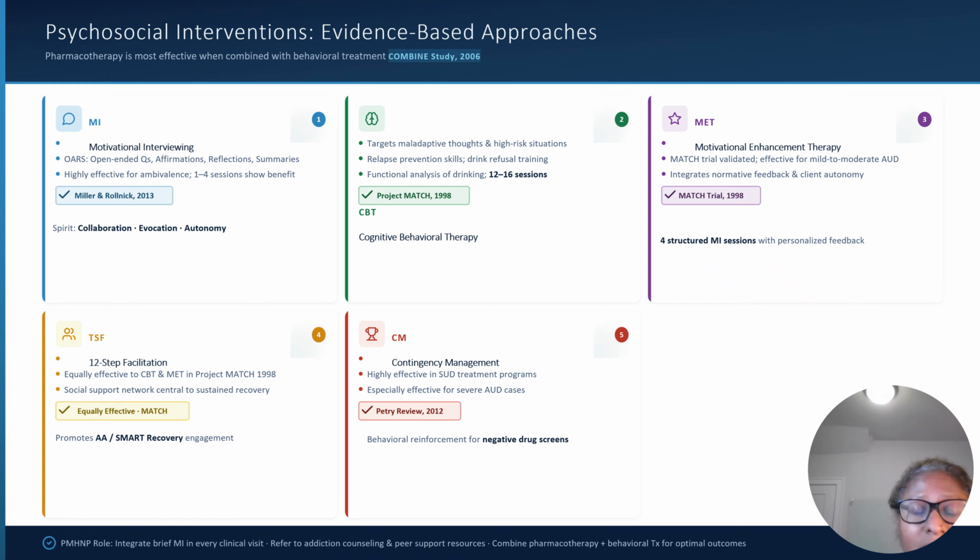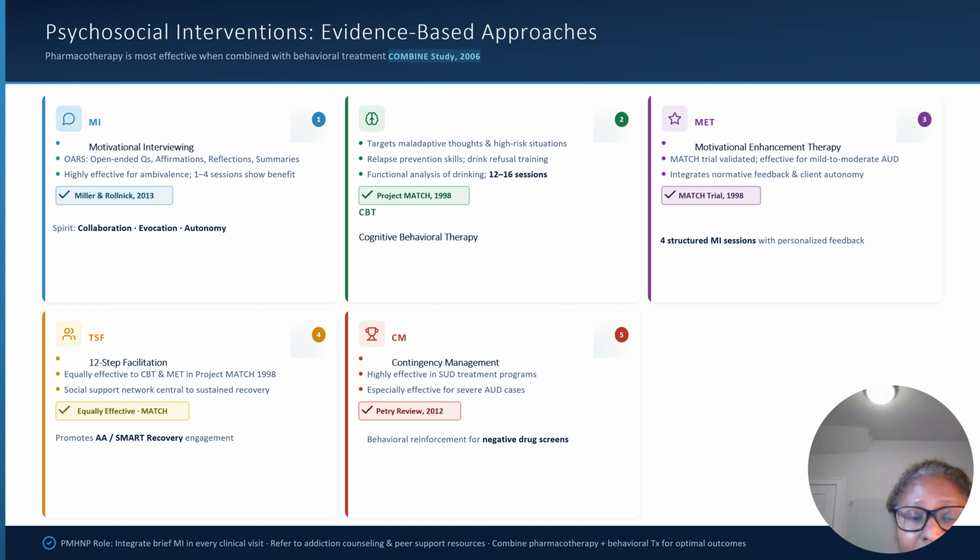A referral is put in for a therapist for cognitive behavioral therapy. And then the motivational enhancement therapy, it's MATCH trial validated. It integrates normative feedback and client autonomy. And then you have the 12-step facilitation approach, which is another approach.